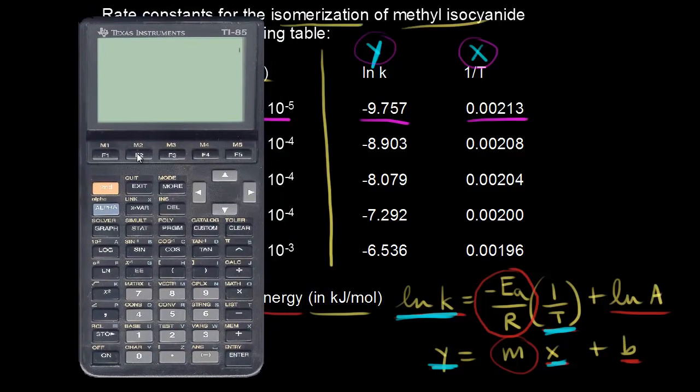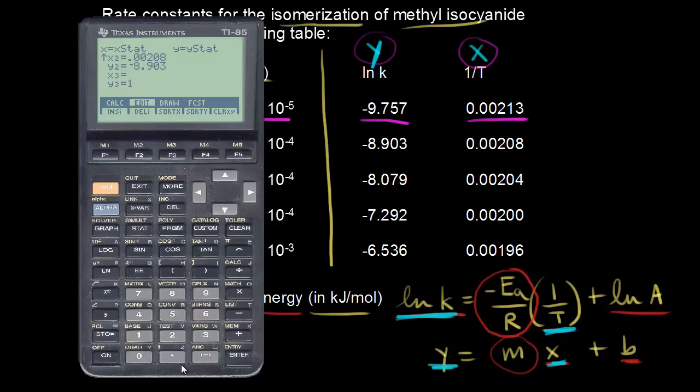So we go to stat, and we go to edit, and we hit enter twice, and then start inputting. So x, that would be 0.00213. When x is equal to 0.00213, y is equal to negative 9.757. Let's put in our next data point. That's when x is equal to 0.00208, and y would be equal to negative 8.903.